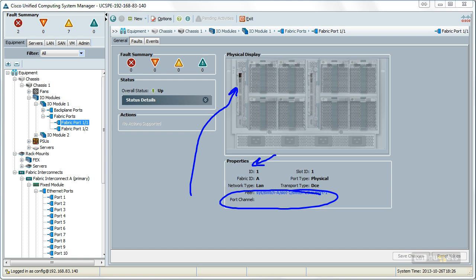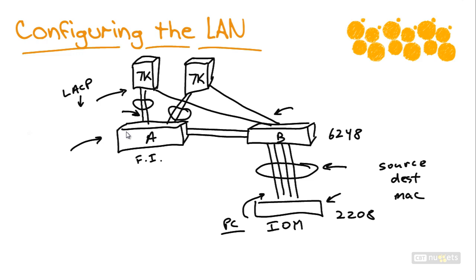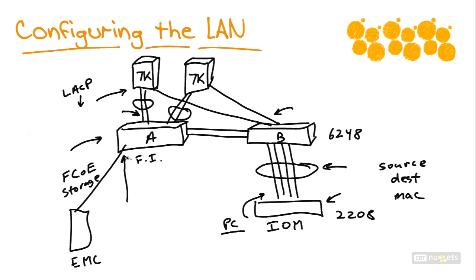Now, when we were discussing our port personalities, one of the port personalities we mentioned we could have would be a Fibre Channel over Ethernet storage port. We would do this when we are connecting to a Fibre Channel over Ethernet storage device, like from EMC or from NetApp. Now, as you might guess, this configuration is going to be very simple for us in the graphical user interface, but there is a catch.